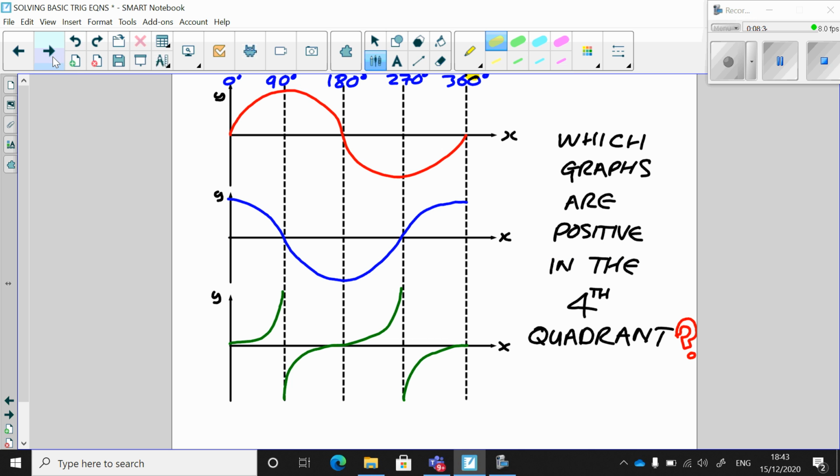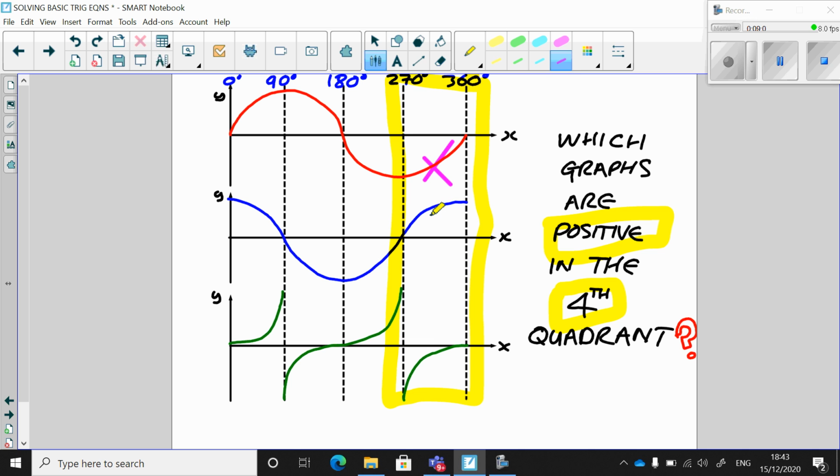Right, let's move on. Tangent is positive in the fourth quadrant. So where's the fourth quadrant? Well, that's the last part of our wallpaper here. We are looking for parts of the graphs that are above. In the sine graph, that's below, so that doesn't count.